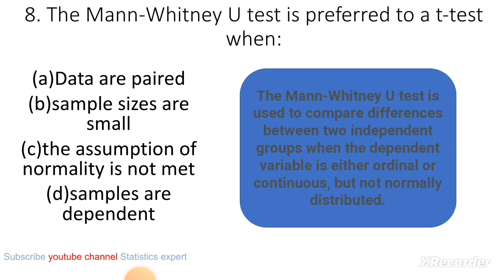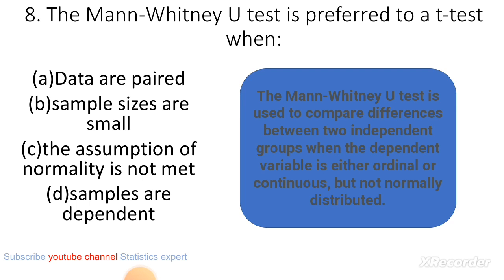The Mann-Whitney U test is used to compare differences between two independent groups when the dependent variable is either ordinal or continuous but not normally distributed. In non-parametric tests, it doesn't matter whether the data is normally distributed or not.